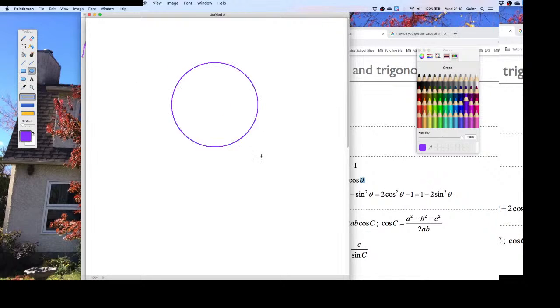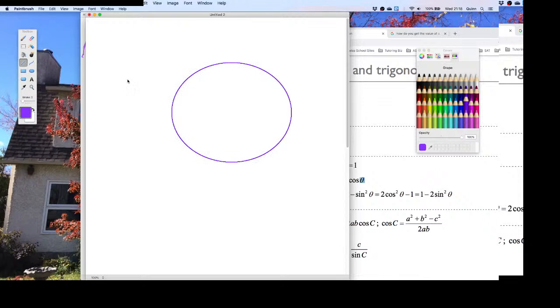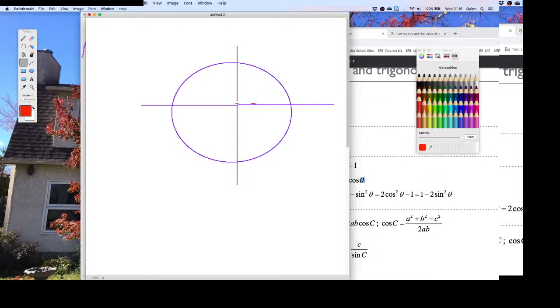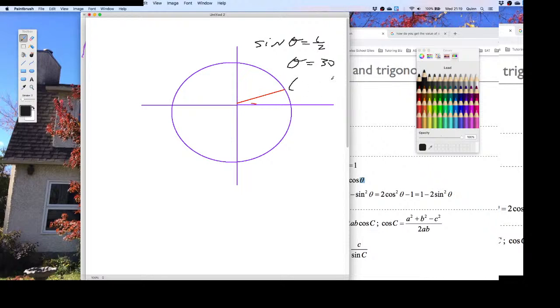So if I draw a unit circle, and I draw this angle here, which is 30 degrees, you should be able to tell me that at 30 degrees, sine of the angle is equal to 1/2, meaning what's the y value? Theta would equal 30 degrees because the y coordinate at this point is 1/2.